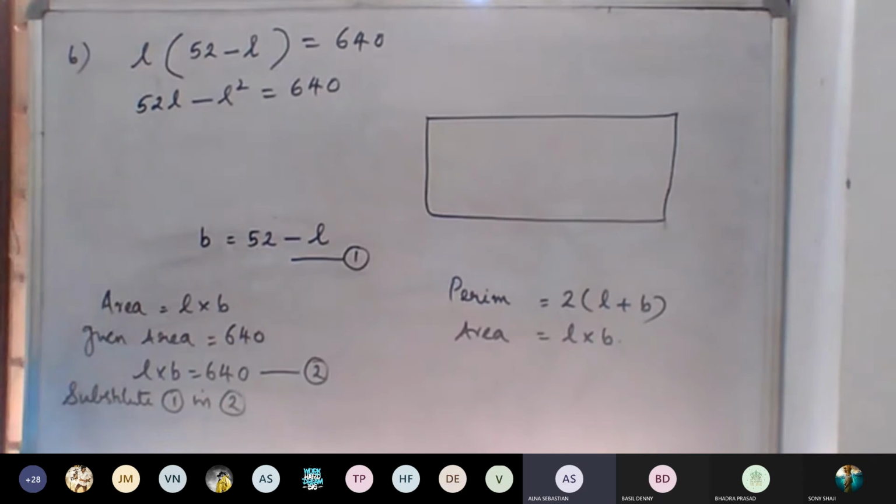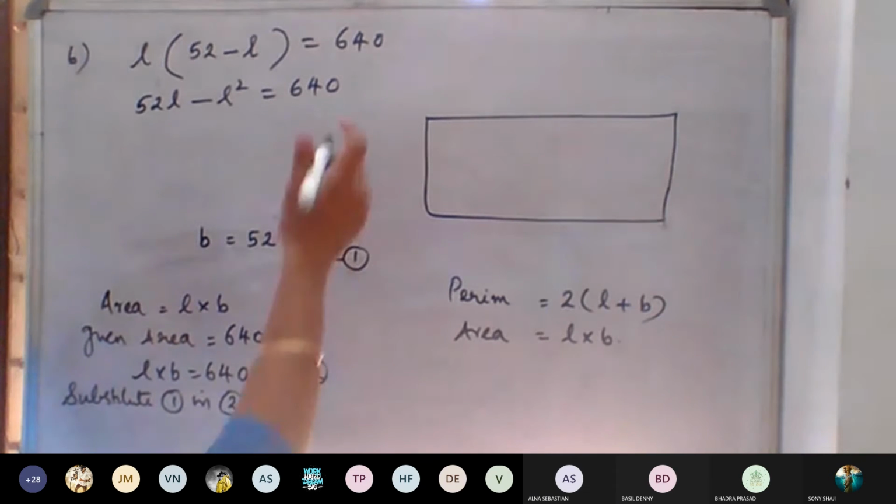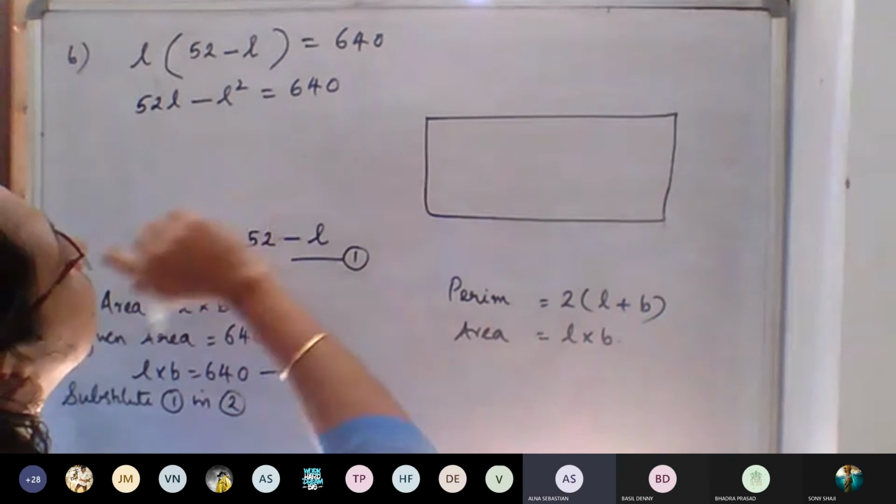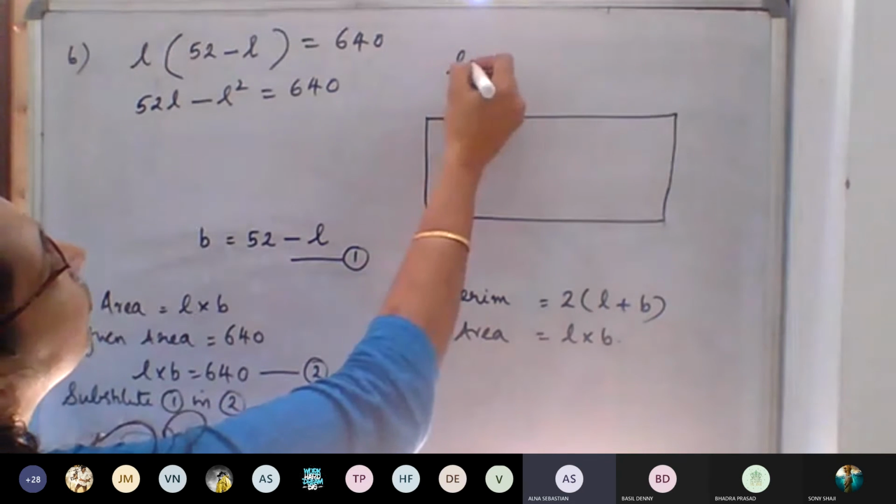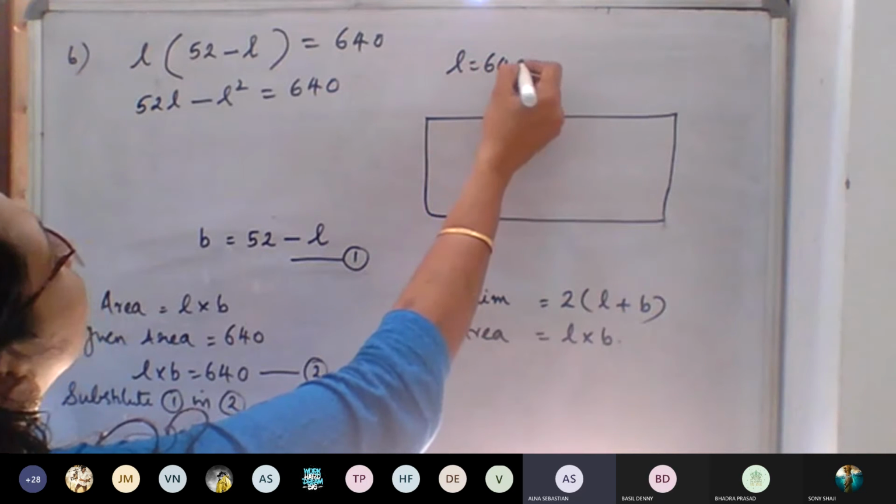Ma'am, this equation is already solved. L is equal to 640 and 52 minus L is equal to 640. Can we write like that?